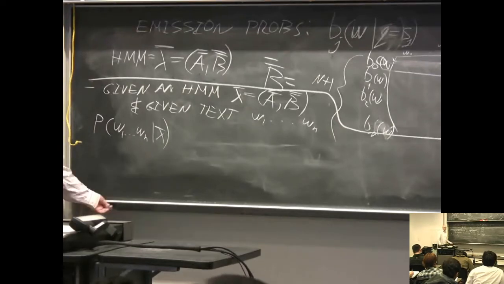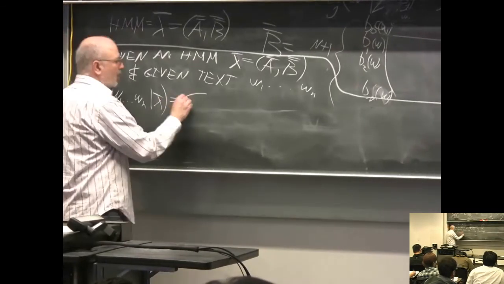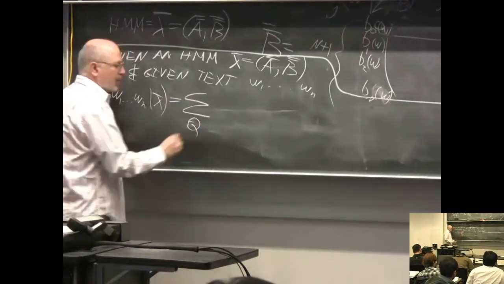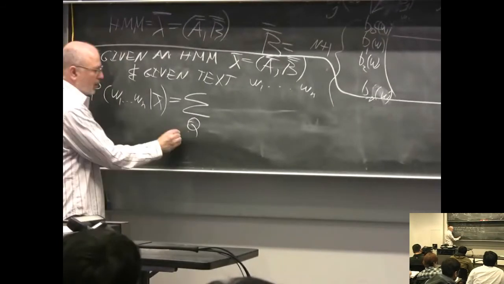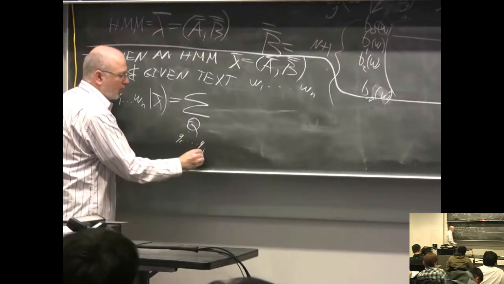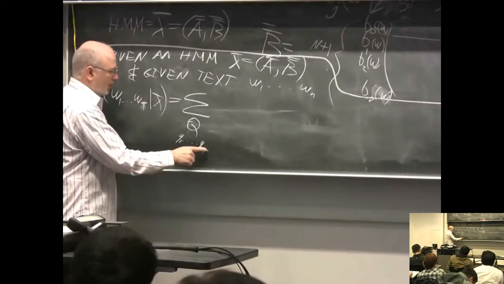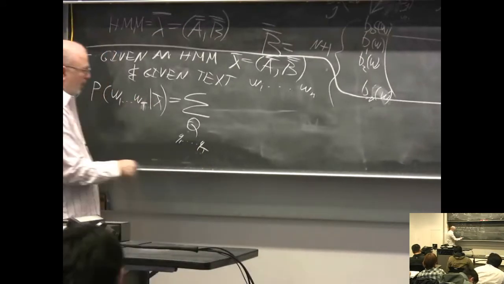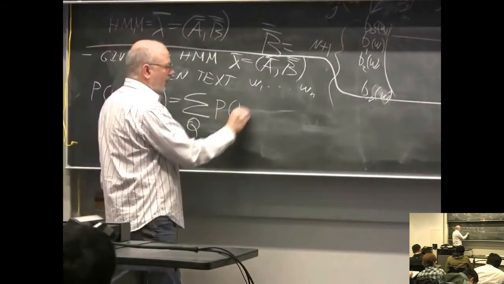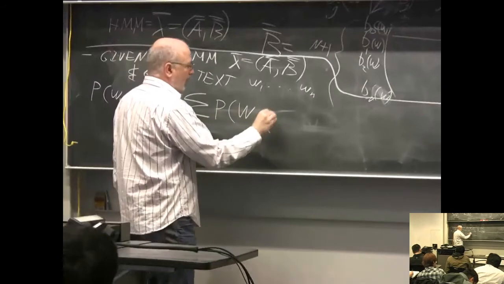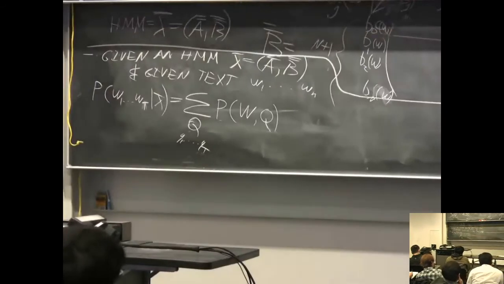But I can use my law of total probability to write this as a sum over all possible hidden state sequences. Remember that big Q means the entire sequence, Q_1 through Q_big T. Oh, sorry, I called it big N. Let's call it big T here because the index here is small t. And now I can write the joint of W and Q, and this I know from here.